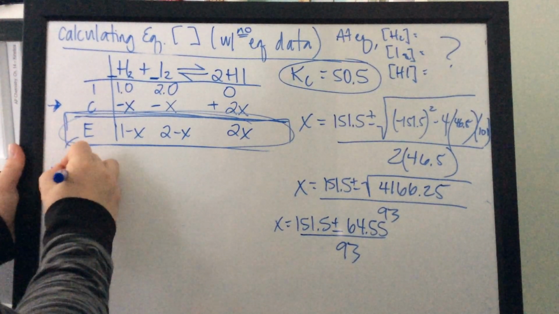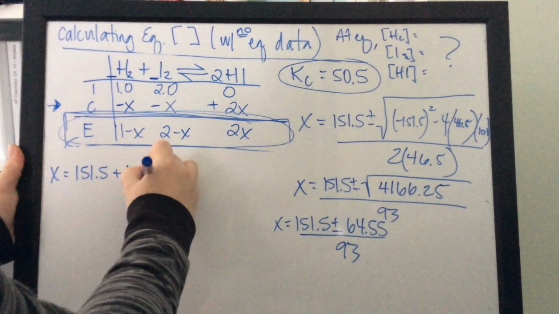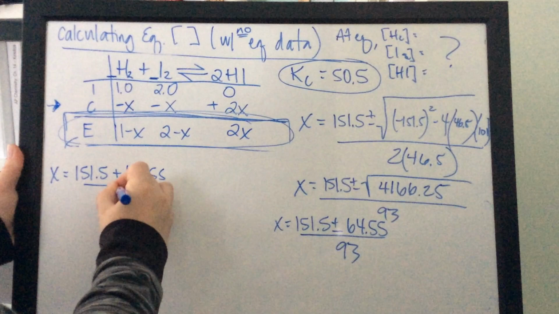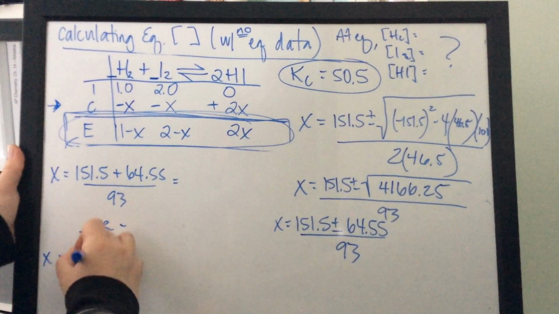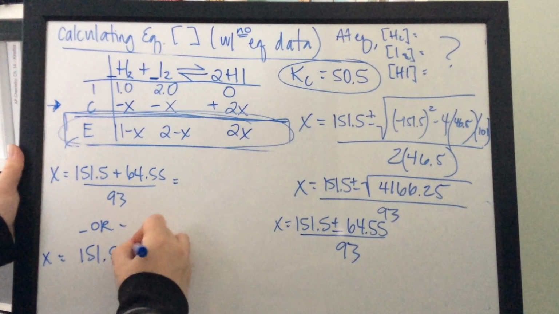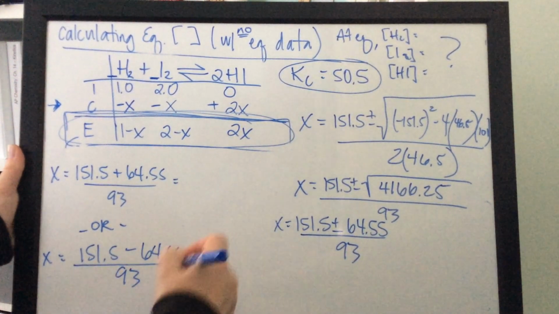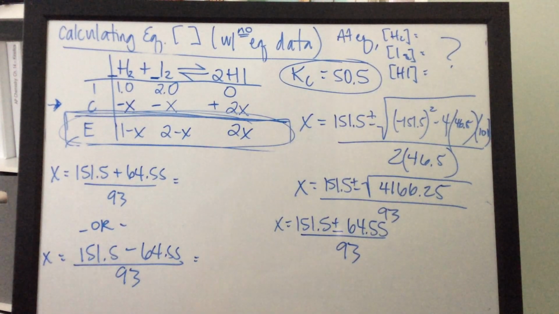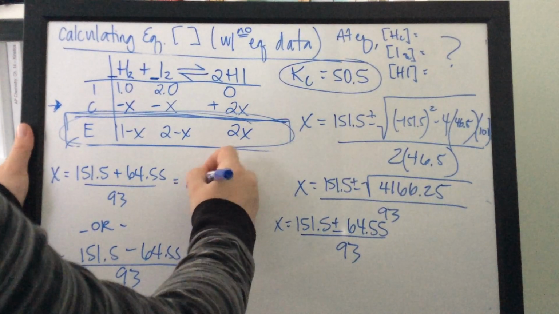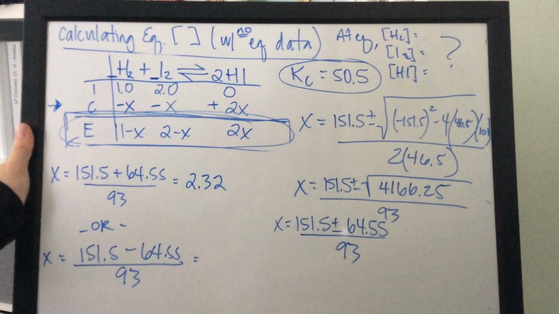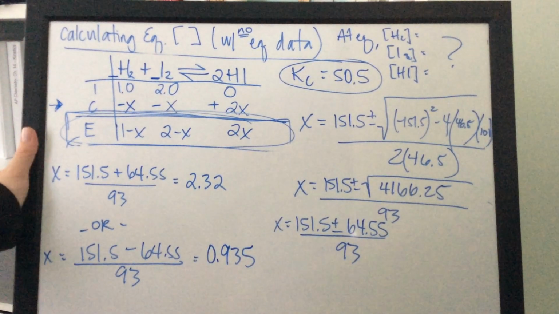So x could either be 151.5 plus 64.55 divided by 93, or x could be 151.5 minus 64.55 divided by 93. When I do that, I get a value of 2.32 as a possibility, and I also get a value of 0.935 as a possibility.